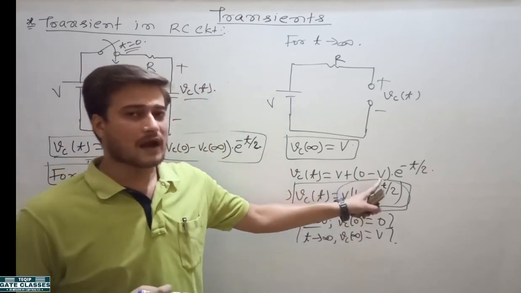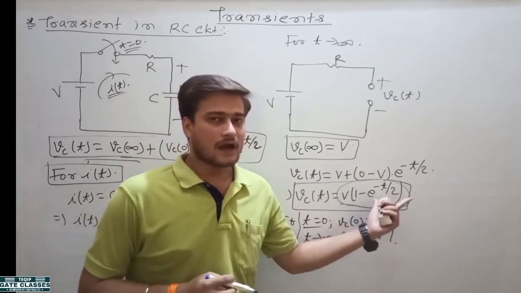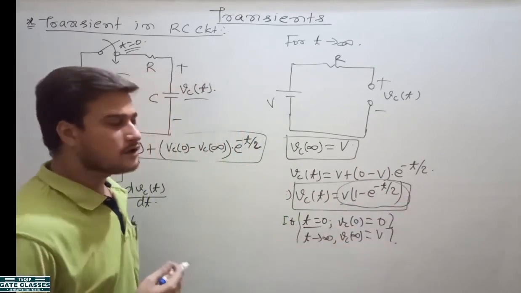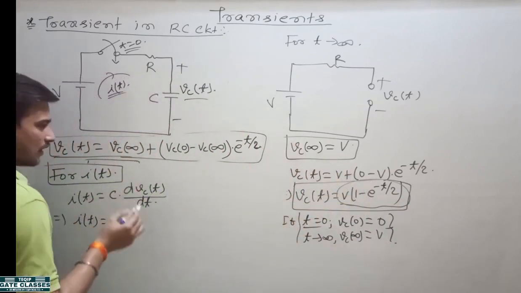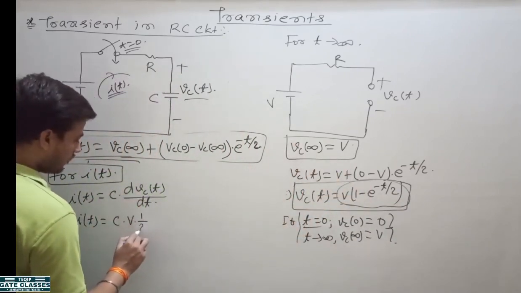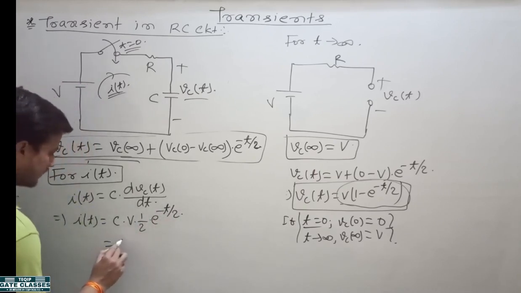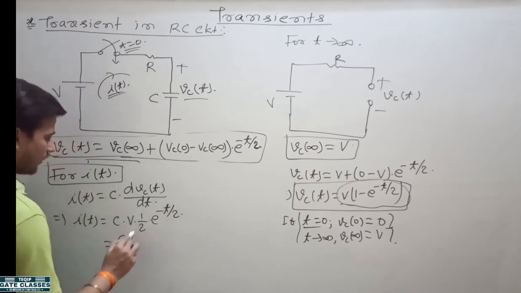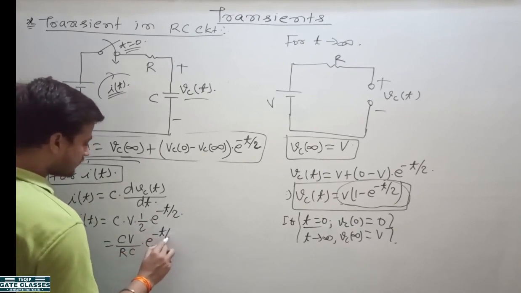Now e to the power minus t by tau, its derivative will be minus e to the power minus t by tau into 1 by tau. So minus minus will become plus. So here it will be 1 by tau into e to the power minus t by tau. So from here CV divided by time constant, which is RC, into e to the power minus t by tau.